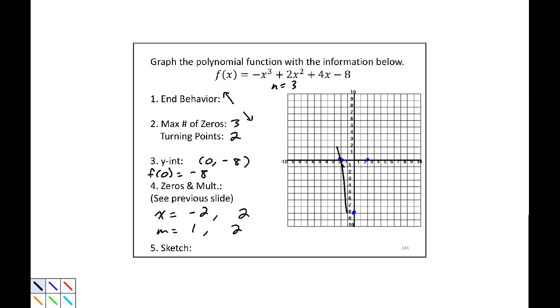And then I know that it will pass through 0, negative 8. And it will have to come back up here to 2, 0. And that has a multiplicity of 2, which means that it is going to turn and fall to the right. And again, this graph may not be the best, but it covers all the bases.